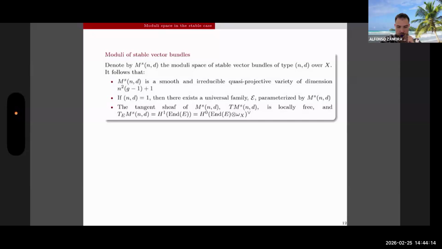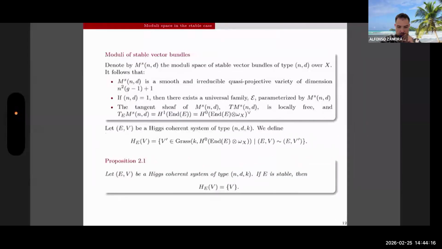Moreover, in this case, when the underlying vector bundle is stable, we can describe the equivalence classes of this kind of Higgs coherent systems. To do this, we study the object that provides a way to measure how many subspaces of the Higgs fields correspond to non-isomorphic Higgs coherent systems.